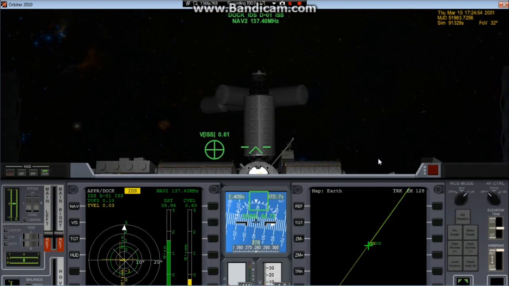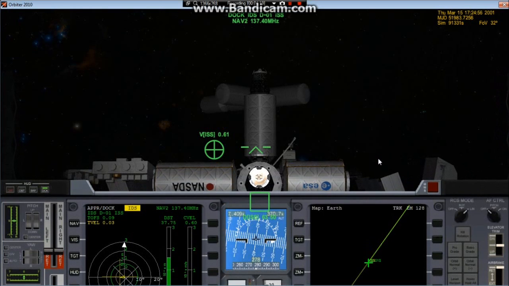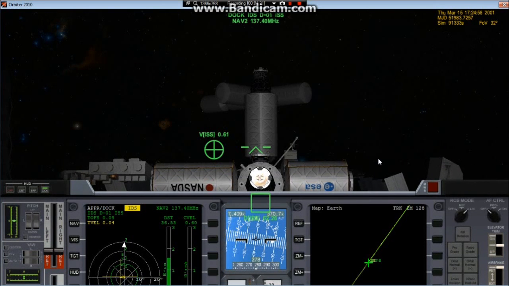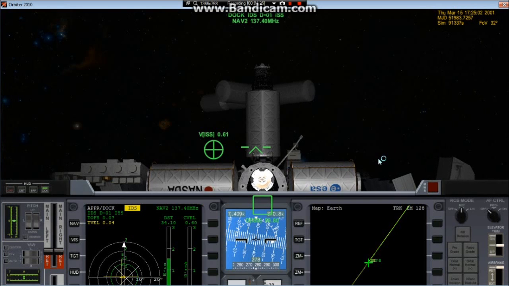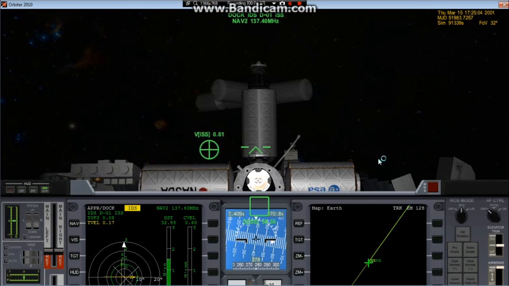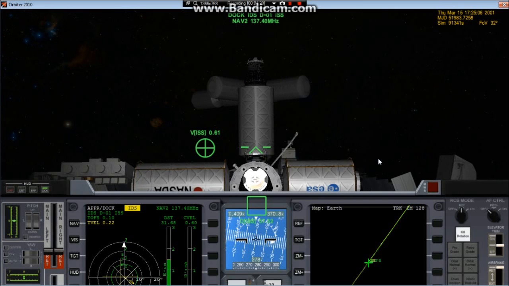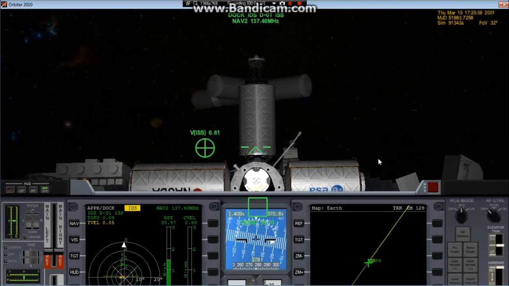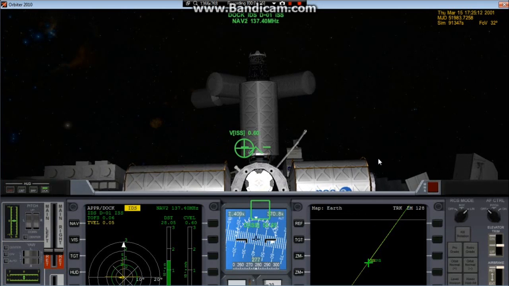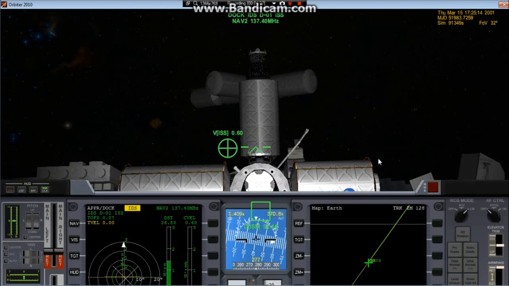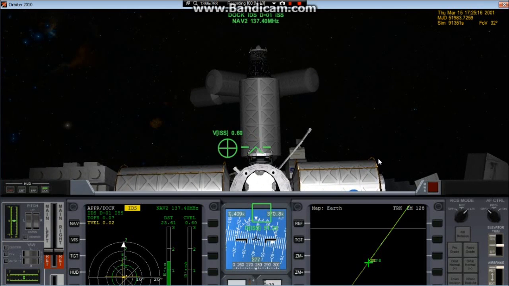Translation. Rotation. Translation. Docking velocity is going to be under 10 centimeters per second.